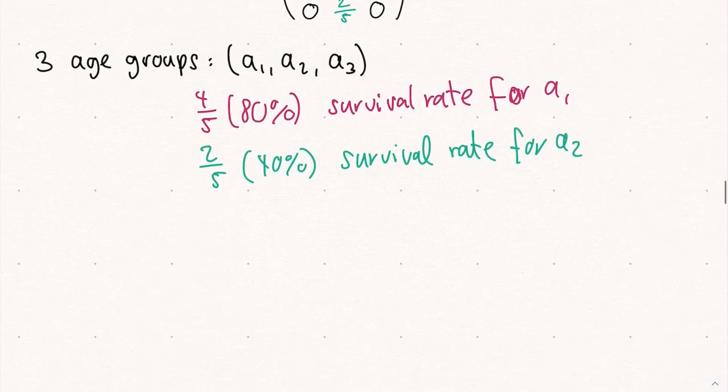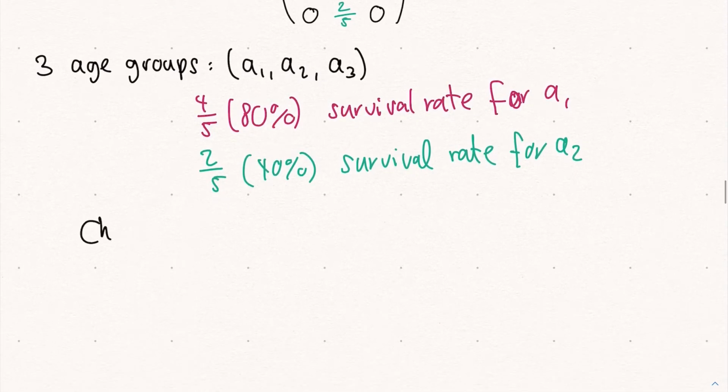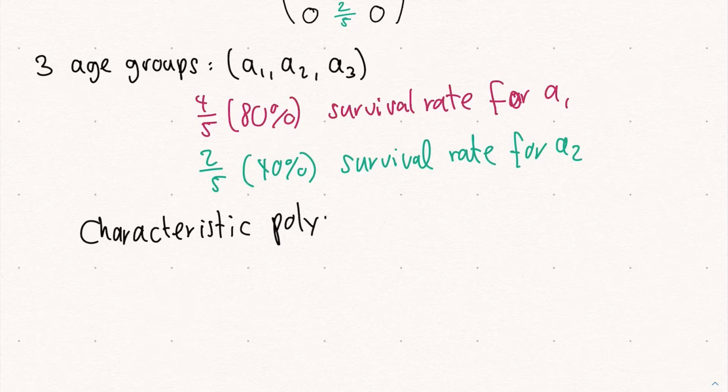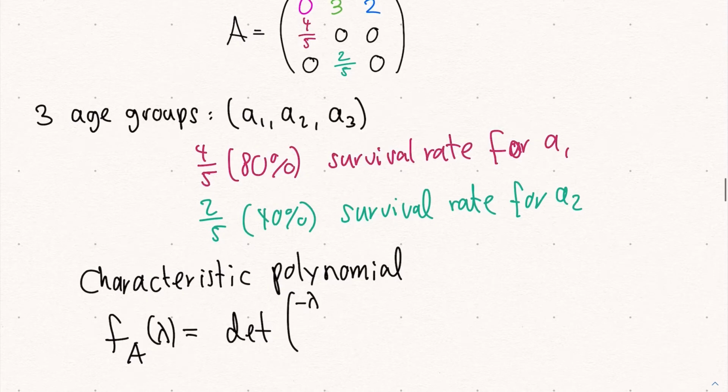So now we do the classical case. We just consider the characteristic polynomial. So f_A(lambda) in this case is a determinant of the matrix with minus lambda, 3, 2 in the first row, 4/5 minus lambda, 0 in the second row, and 0, 2/5 minus lambda in the third.